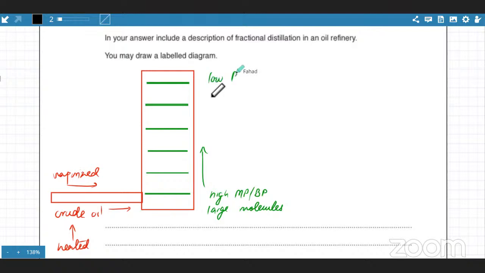Remember, in organic chemistry, the bigger the molecule, the higher the melting and boiling point. So anything that has low melting and boiling point, they're basically small molecules. They are going to condense a lot later. So at the bottom there's high temperature, and as the vapor rises, it cools down.